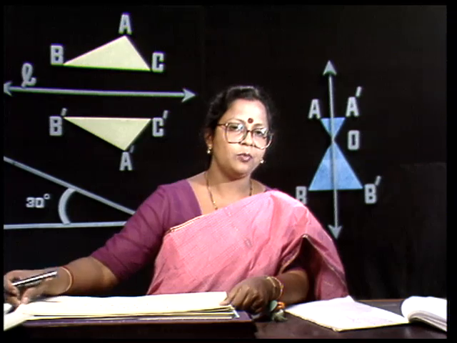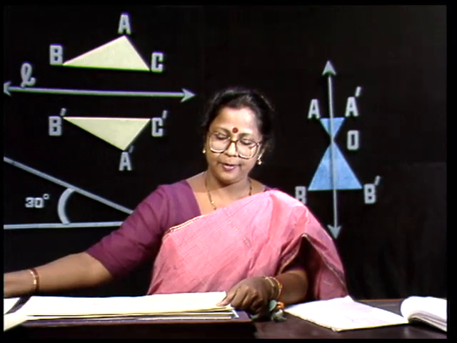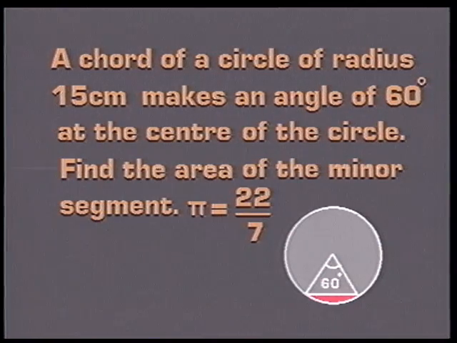Let us use this formula to solve this problem. Here is the problem. A chord of a circle of radius 15 centimeter makes an angle of 60 degree at the center of the circle. Find the area of the minor segment, and we have to take pi is equal to 22 upon 7.